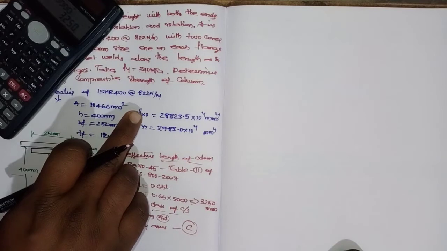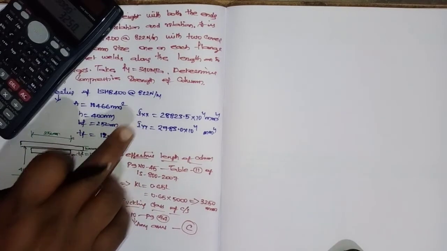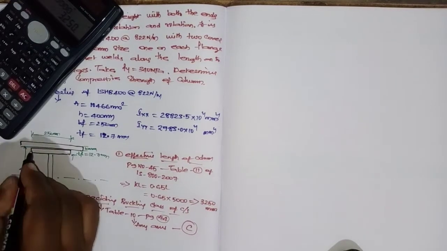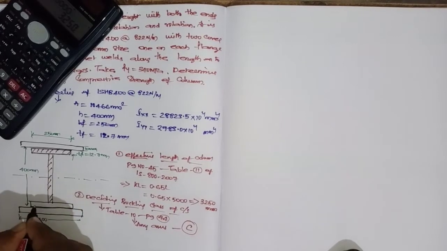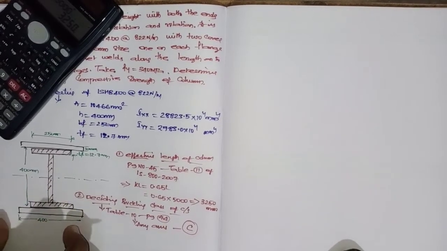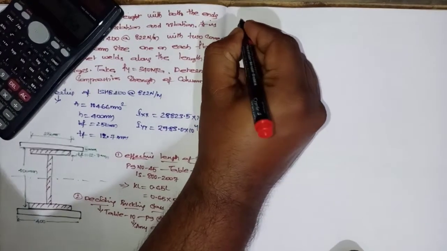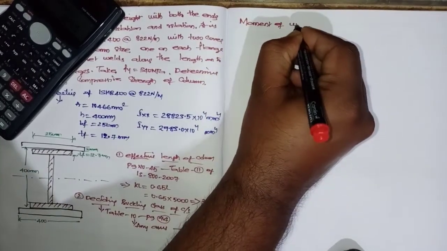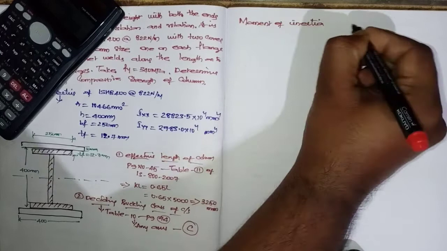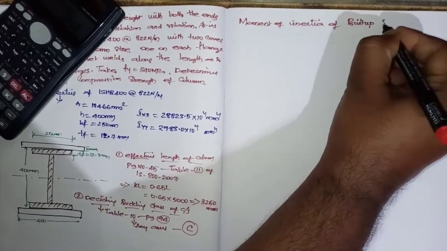The steel tables give the moment of inertia about x-axis and y-axis only for this shaded portion. But because of providing this plate separately on the flange, it has become a built up. So you are supposed to calculate the moment of inertia of the built up section.